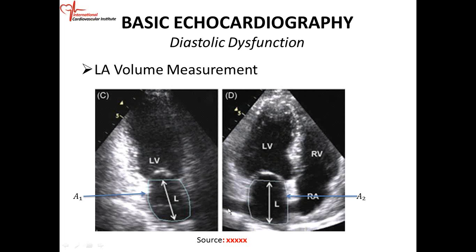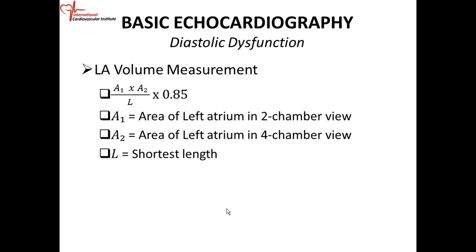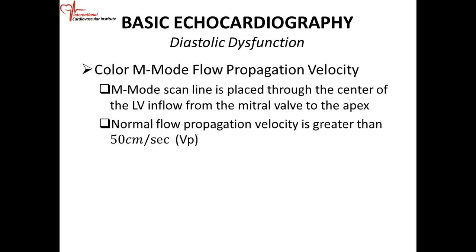And the area is going to be different. So it is the area in the 2 times the area in the 4, divided by the shortest length, multiplied by 0.85. The computer does this for you in the machine, but this is what it's doing, okay? And that's how you get the left atrial volume, which is a much more accurate assessment of left atrial size.